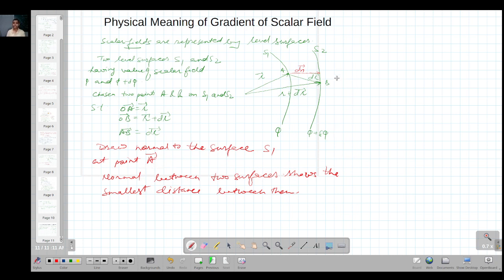And let this distance be AC, and this is represented by dn vector. Let me rewrite dn vector. Dn vector is the magnitude of this vector multiplied by its direction, and let me call this direction n cap. This is the n cap direction.